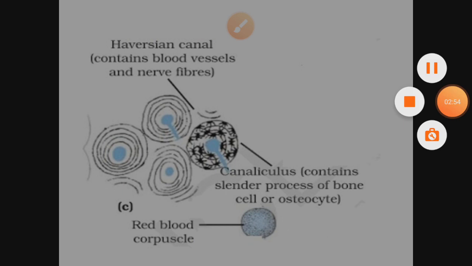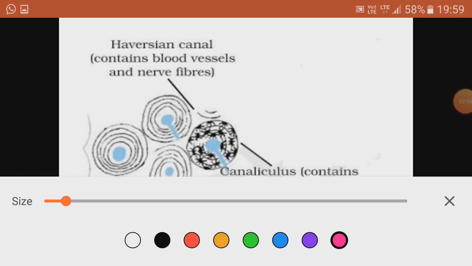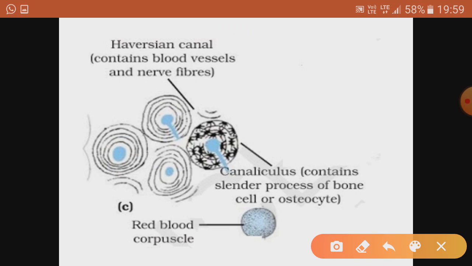Here you can see the diagram of bone cell. These are the Haversian canals basically, which contain the blood vessels. At the center we have got HC, that is the Haversian canal, which has got the supply of blood vessels.